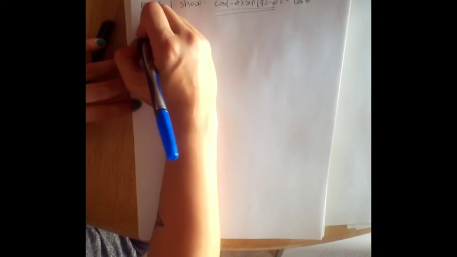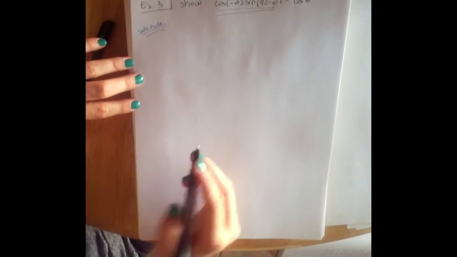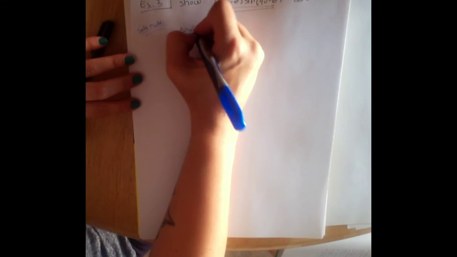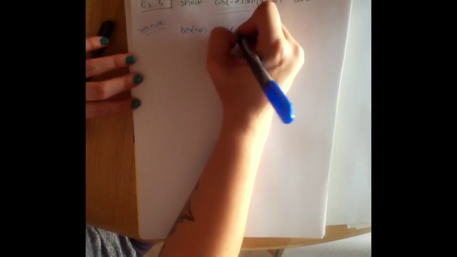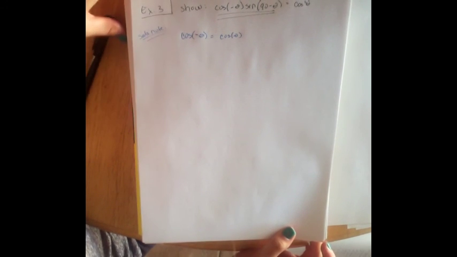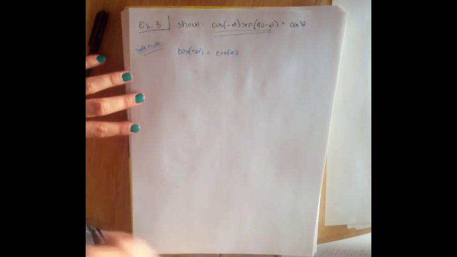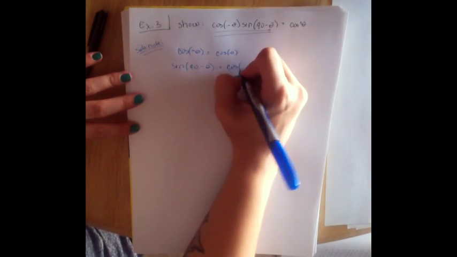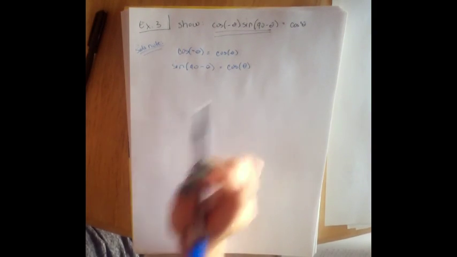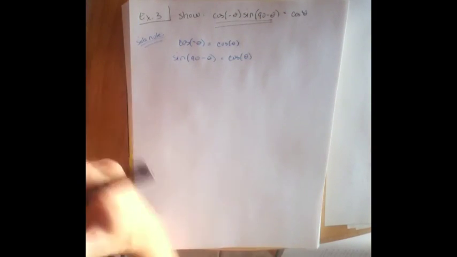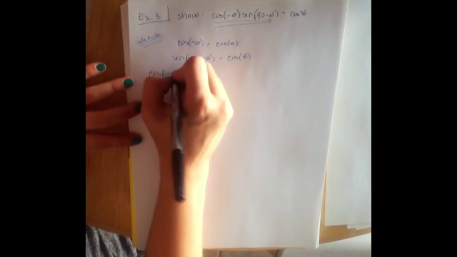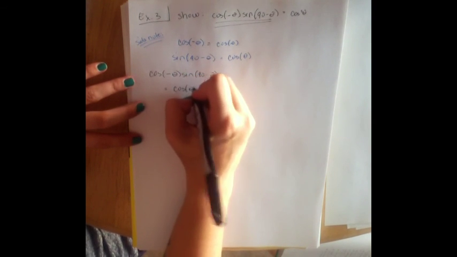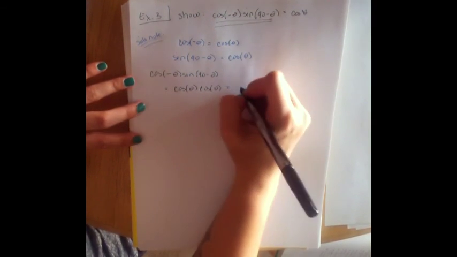We remember from our original trig identities that cosine is an even function, so the cosine of negative theta is the same as the cosine of theta, and the sine of 90 minus theta is the same thing as cosine of theta, right? It's the co-function of theta. So I can rewrite this term, the cosine of negative theta times the sine of 90 minus theta. That is the same as the cosine of theta times the cosine of theta, which is the cosine squared.